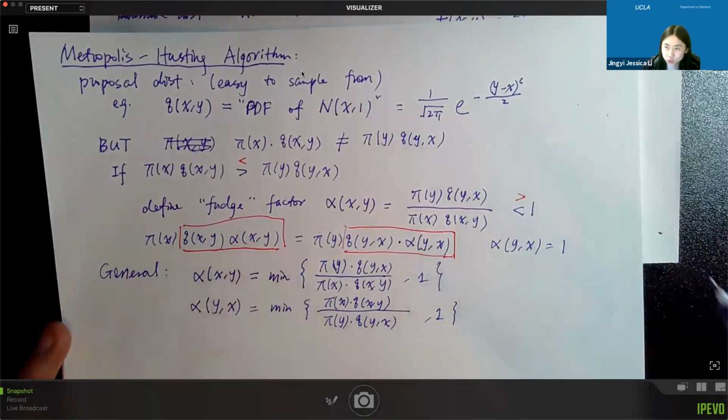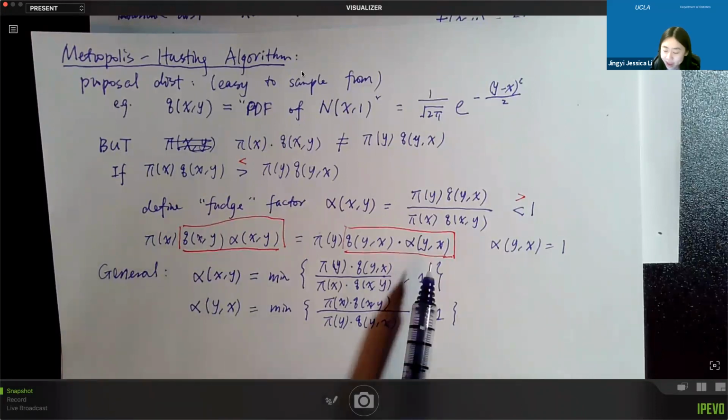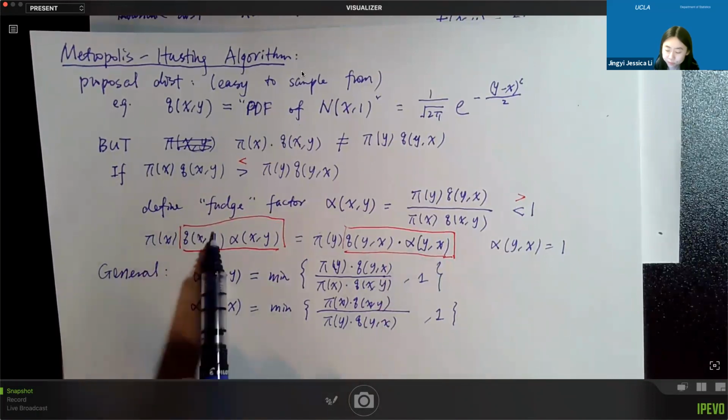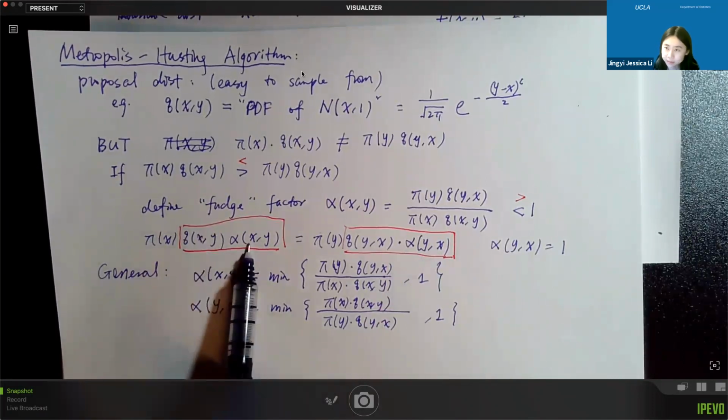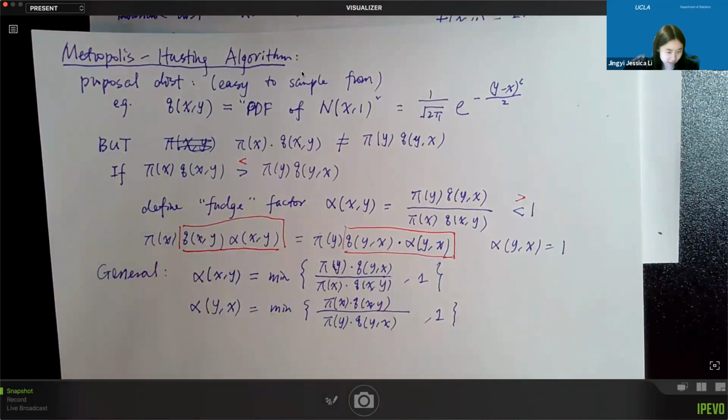That's just like what we do under rejection sampling. If alpha x y is less than 1, I only accept it up to a probability. But when alpha y x is equal to 1, I accept it for sure. So it's the same idea as rejection sampling. We modify our proposal density by multiplying a factor less than 1, so we can modify the density to be the transition density we need.